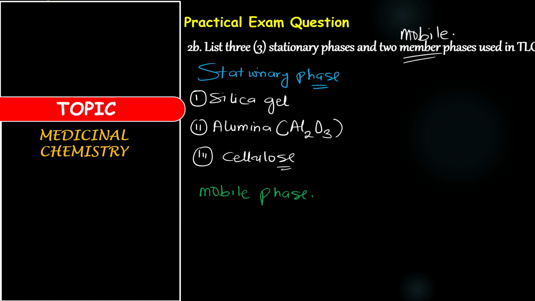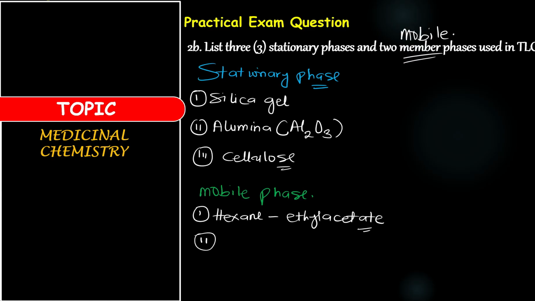Now the mobile phases are, you have a mixture of hexane and ethyl acetate. This mixture will be good for non-polar. Are you getting? This is a non-polar phase because of hexane present there, and also ethyl acetate, not that polar.